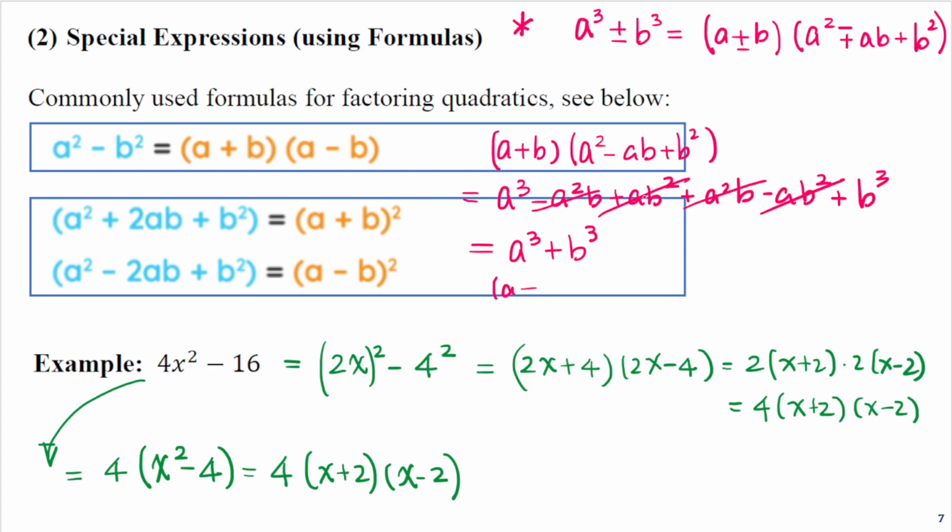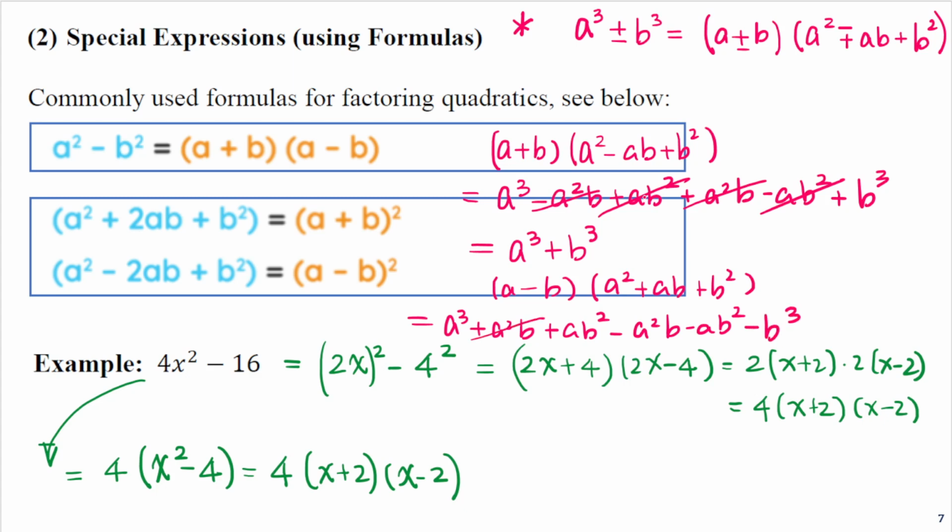Again, when you verify the other one, (a minus b) times (a squared plus ab plus b squared), you will get a similar result. This will give us a cubed plus a squared b plus ab squared minus a squared b minus ab squared minus b cubed.